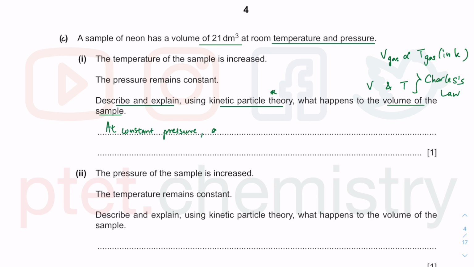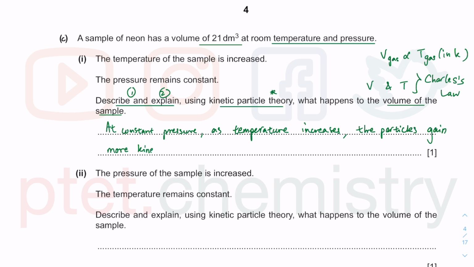What happens as temperature increases? As temperature increases, you could imagine when you have a balloon and you put it in hot boiling water, the balloon will expand because the volume increases. So we need to explain in terms of what happened, describe and explain. The particles will gain more kinetic energy. Temperature is a measure of your average kinetic energy, so they will gain more kinetic energy.